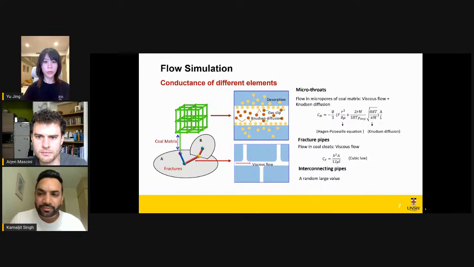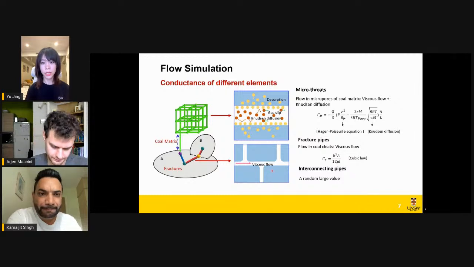As I have said, gas flow in the fractures and macropores has different physics. For example, for the macropores of the coal matrix, the flow has both viscous flow and Knudsen diffusion. That's why the conductance of the matrix throat elements includes the Hagen-Poiseuille equation as well as the Knudsen diffusion term.